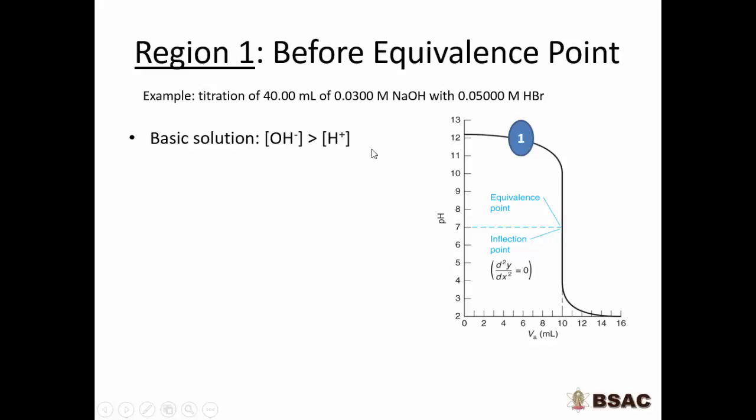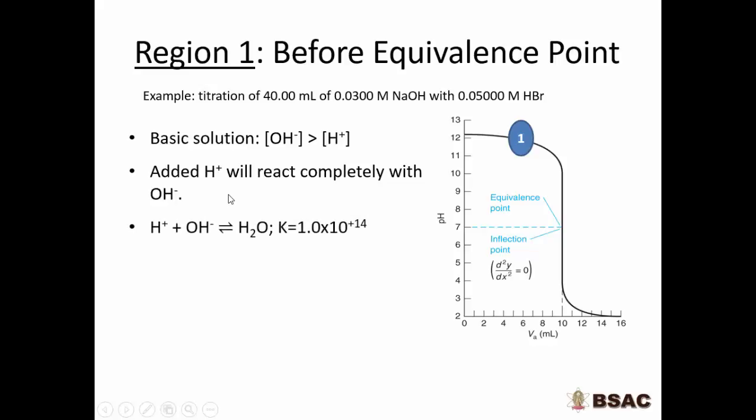But before the equivalence point, there's leftover base. Some of the base has reacted with the hydrogens. The hydrogen ions that have been added will react completely with the hydroxide ions that are present in the solution. And of course, we know something about the chemical reaction by which they will react.